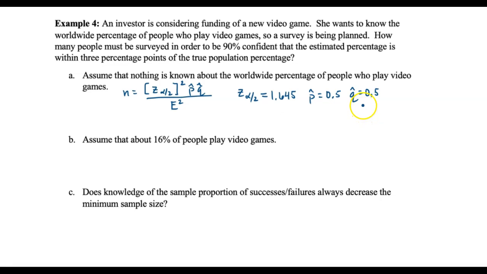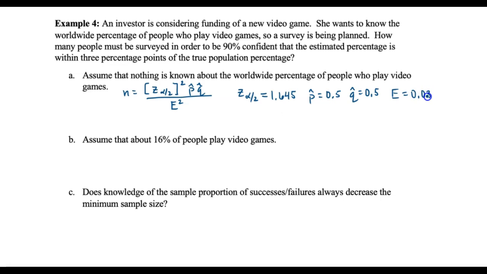And now for the margin of error. The wording is a little bit strange, but it says that we want to be 90% confident that the estimated percentage is within 3 percentage points of the true population percentage. All that means is that our margin of error is 3%, which we're always going to convert to a decimal, and so E is just 0.03.